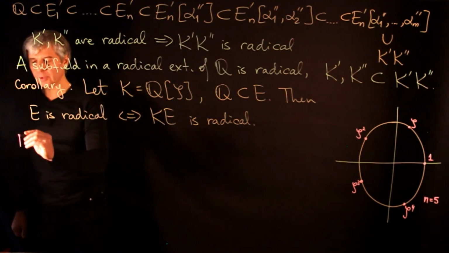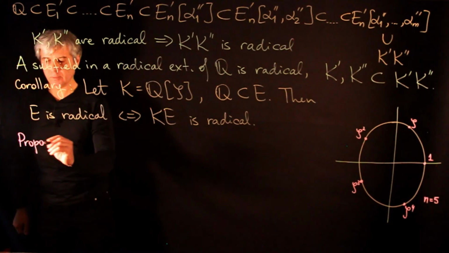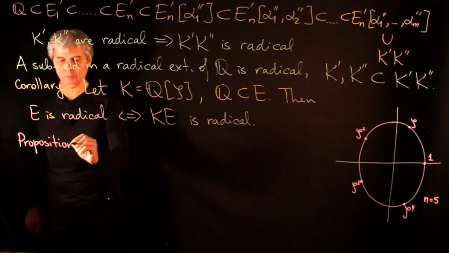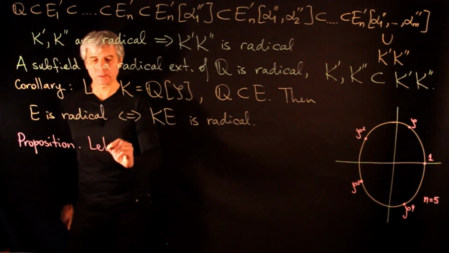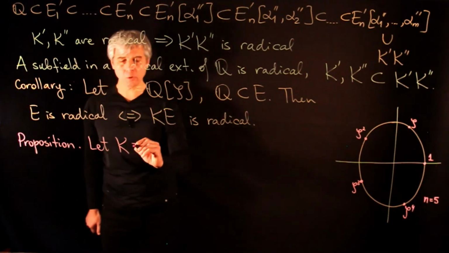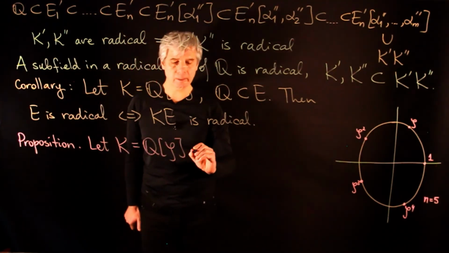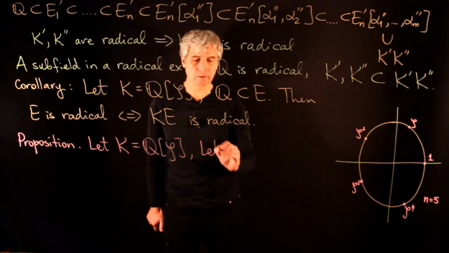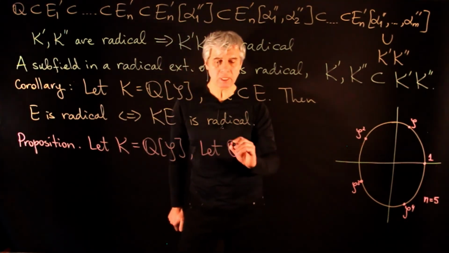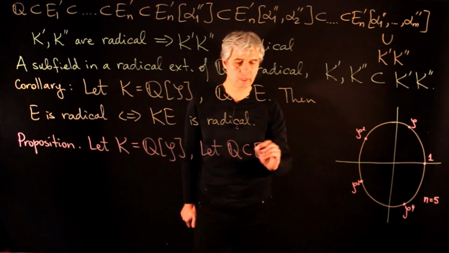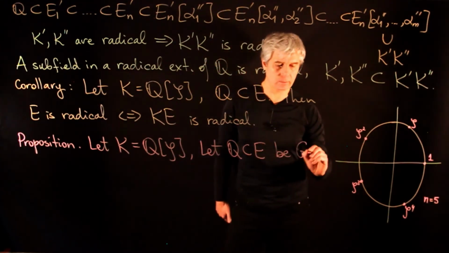Next, let us prove the following proposition. Let K be a cyclotomic field and let the extension E of Q be Galois.